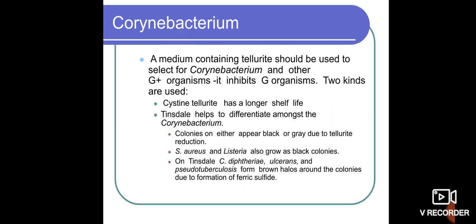Colonies of Gravis on tellurite blood agar, after 18 hours of growth, appear 1 to 2 millimeters in size with a grayish black center, and within 2 or 3 days are 3 to 5 millimeters. They are flat colonies with a raised dark center and radial striations, called daisy head colonies.